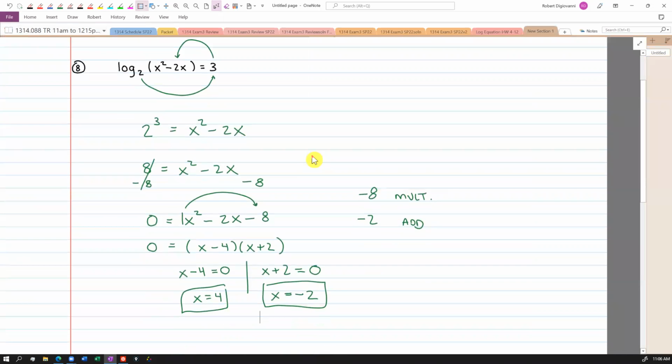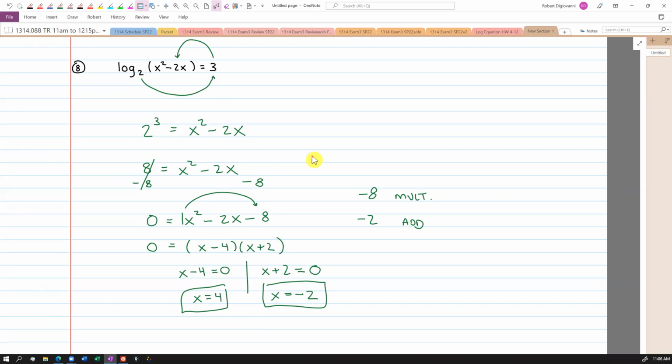So what we are not going to do, and I didn't mention this to you all, because we're going the not aggressive way through this class, is that we actually are supposed to check our answers. Whenever you're dealing with logarithmic equations, you always have to check.